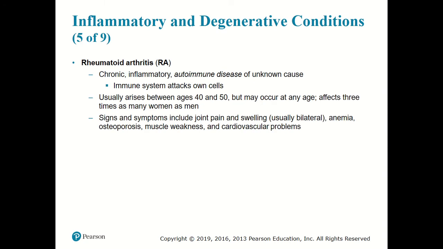All right, our next one is rheumatoid arthritis, or RA. This is very chronic, so this one is long-lasting, a very long-term type of disease. And it's actually an autoimmune disease. And what does an autoimmune disease mean?